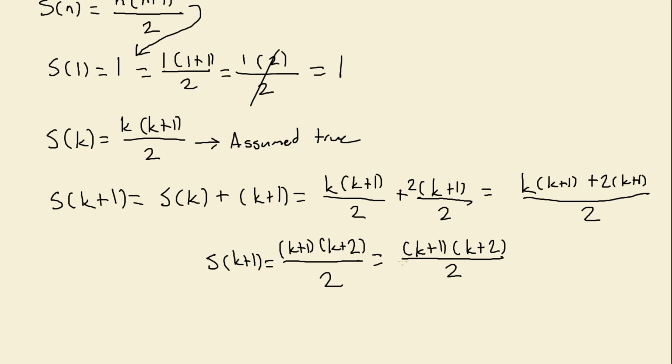That's exactly the same thing. So we know that this is true. If this is true for k, or we assume it's true for k, and we know that it's true for k plus 1, then we could say for all k's, all the way to infinity, this formula is going to hold true.